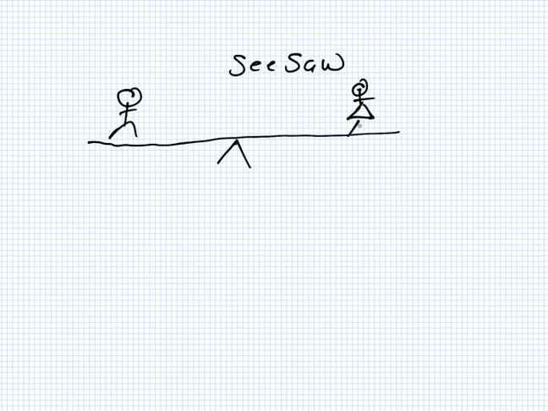So Johnny is mass m and Margie is mass 3 over 2 m. Margie sits on the other end, which is half a metre off the ground. So we're told that the height here is 0.5 meters.